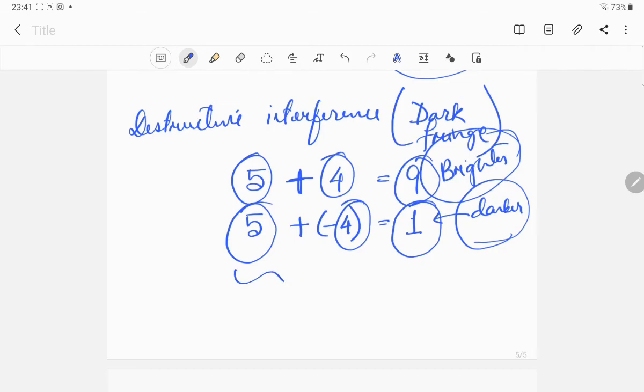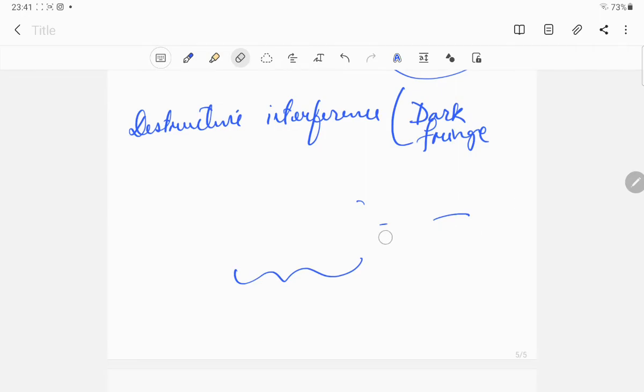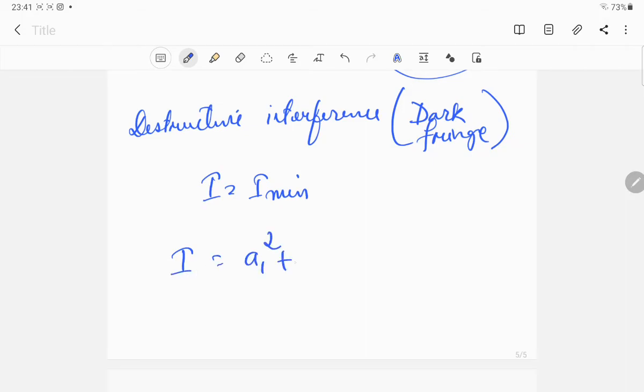So here they are not adding up to each other, they are in fact acting in a negative way. They are destroying the other amplitude, resulting in an even lower magnitude of the amplitude. So if that happens, I will become equal to, see, I was equal to a1 square plus a2 square plus twice a1 a2 cos delta.